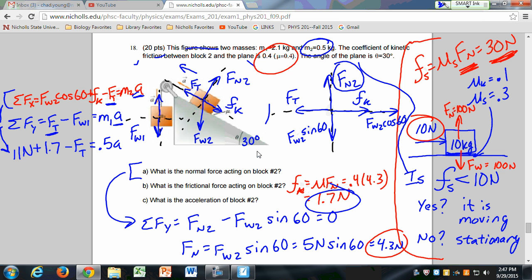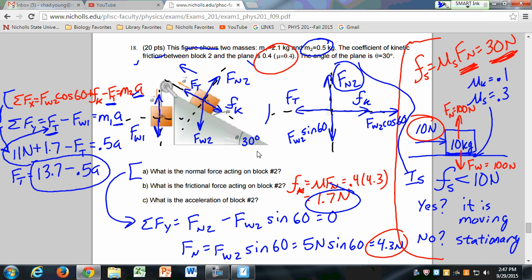I'm going to solve this for the acceleration. And I'll solve it for Ft. Ft is equal to 13.7 minus 0.5A. I've solved this for Ft. I'm going to take this now and plug it in right here, because that's equivalent to Ft.